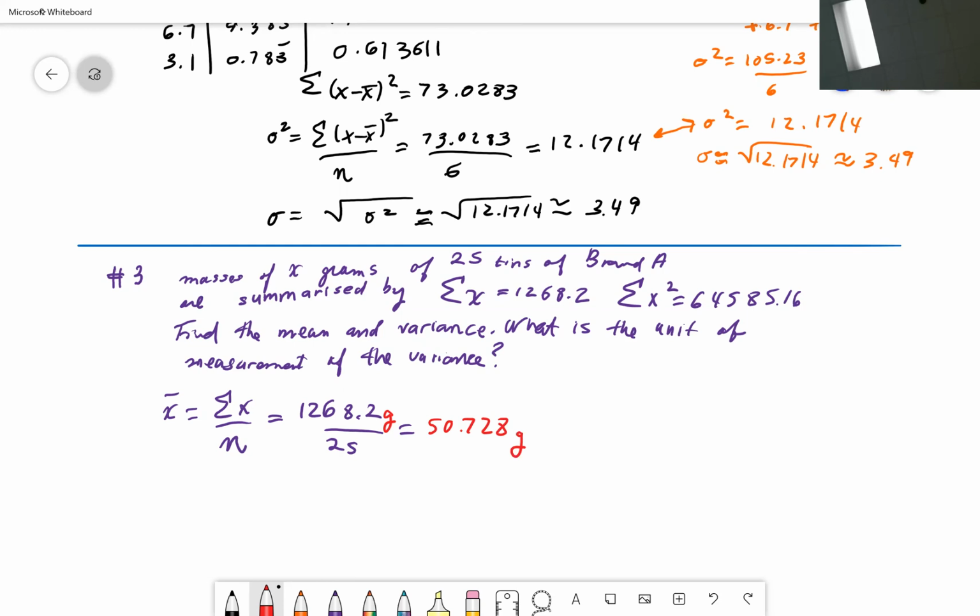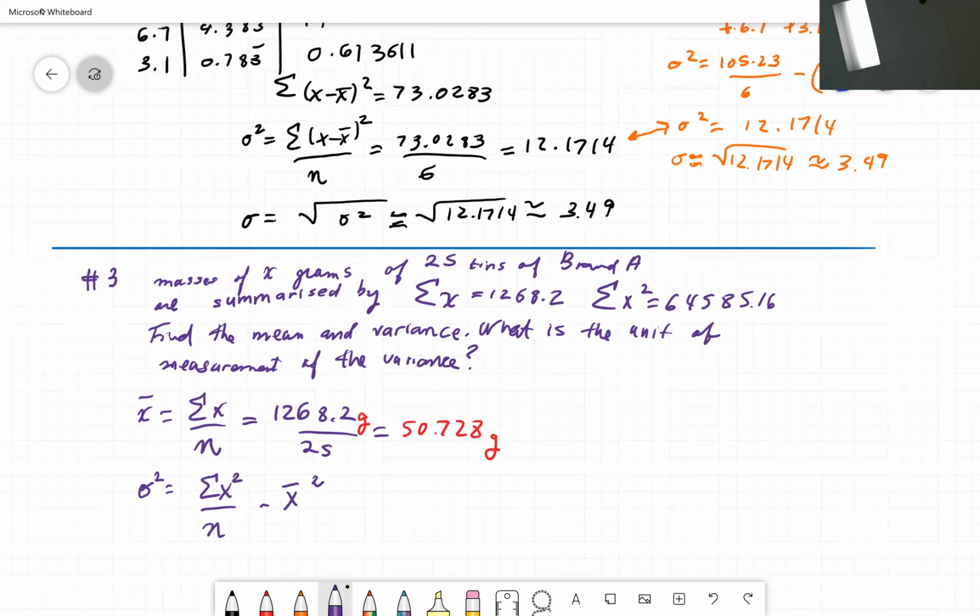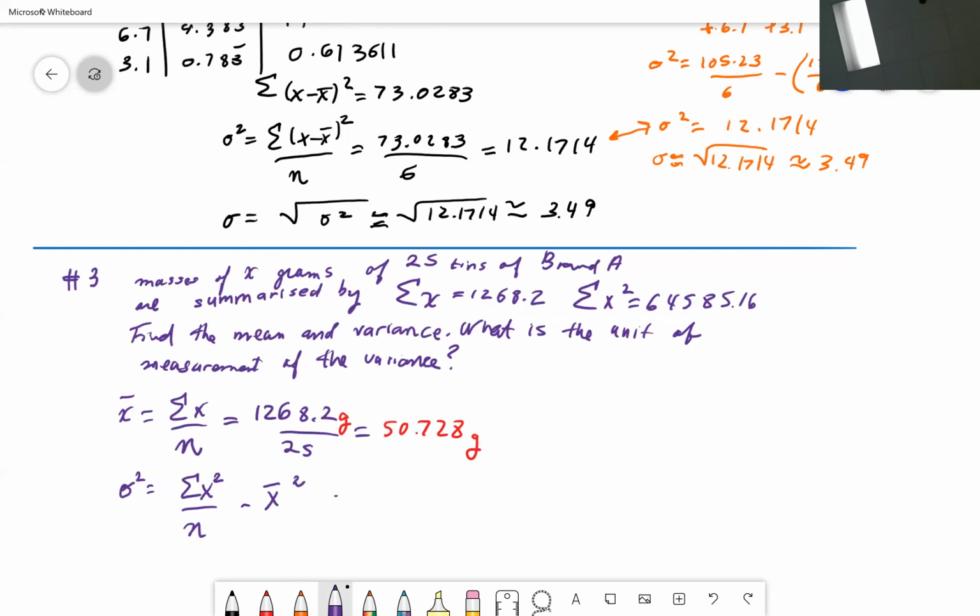Now, the variance is going to equal the sum of X squared divided by N minus the mean squared. That's what we did in the previous problem. So we're going to go ahead and write it. Now, I'm going to emphasize the units here.